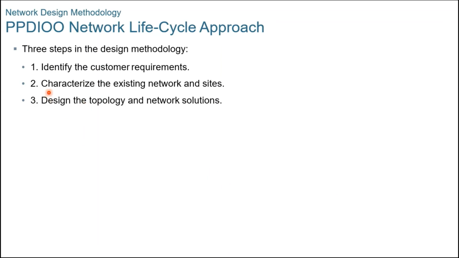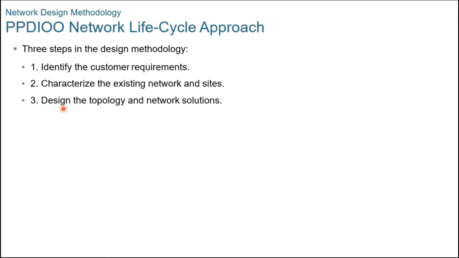The next one would be characterizing the existing network and sites. The plan phase involves characterizing sites and assessing any existing networks and performing a gap analysis to determine whether the existing system infrastructure, sites, and operational environment can support the proposed system.